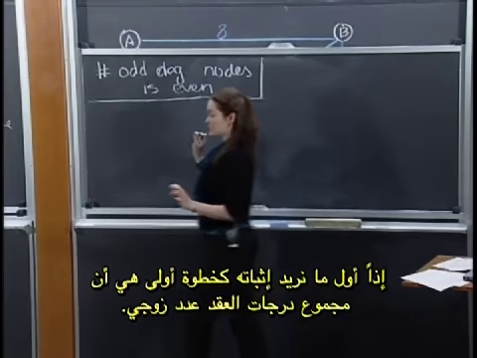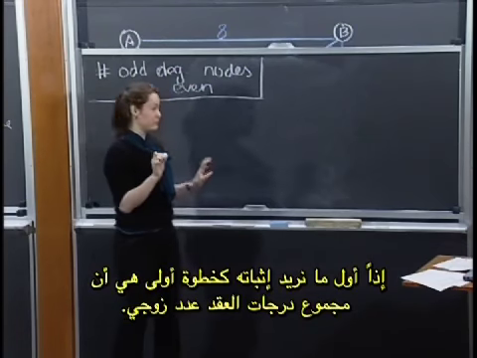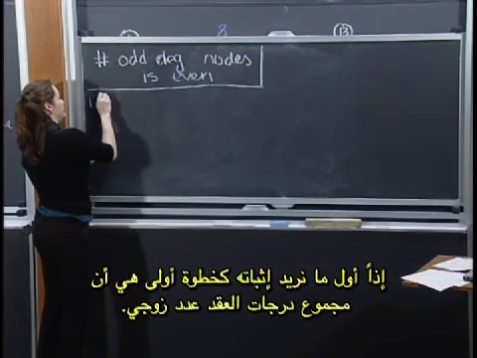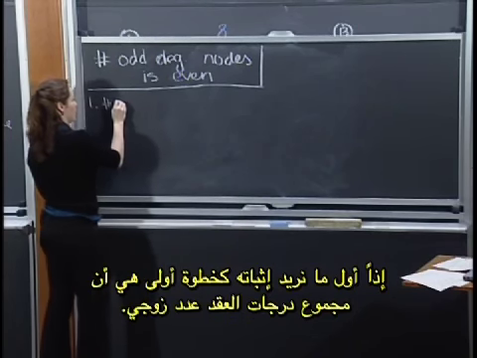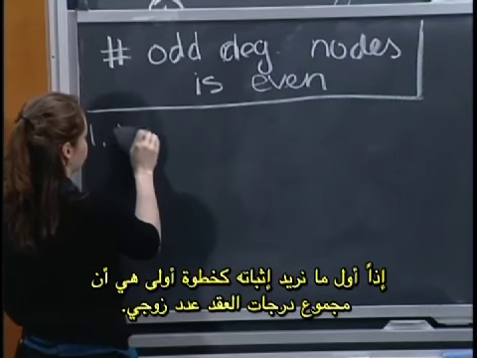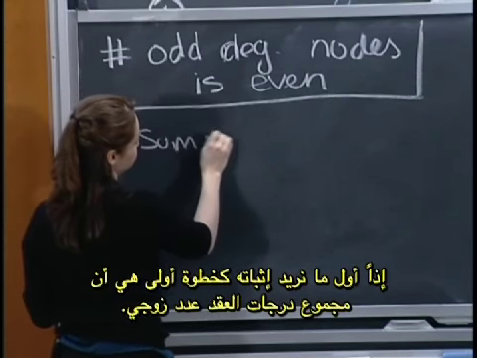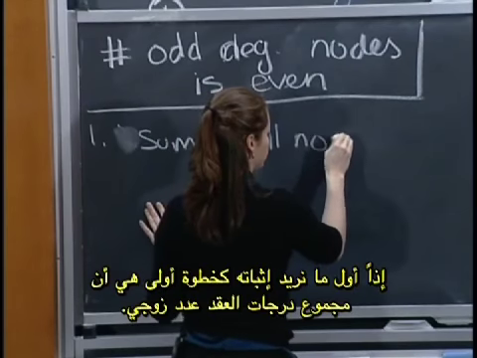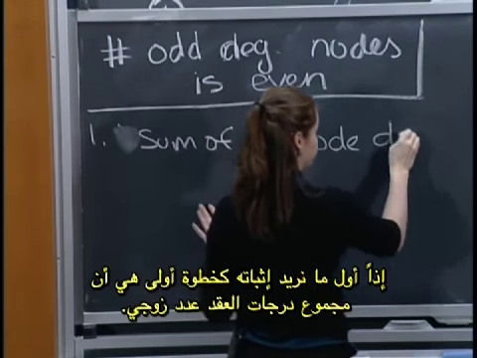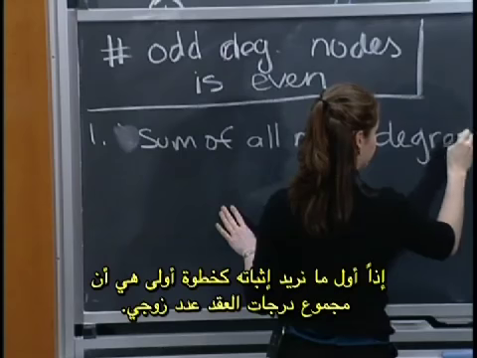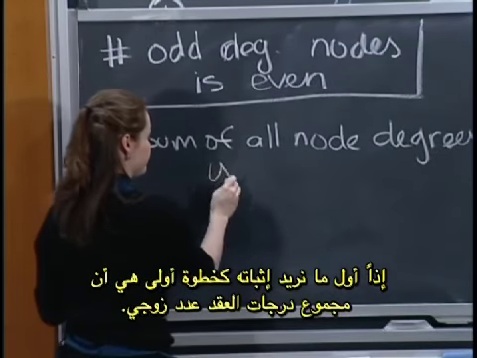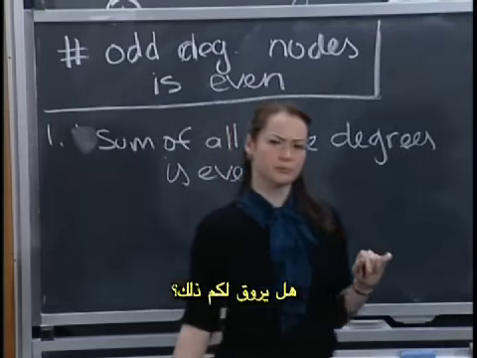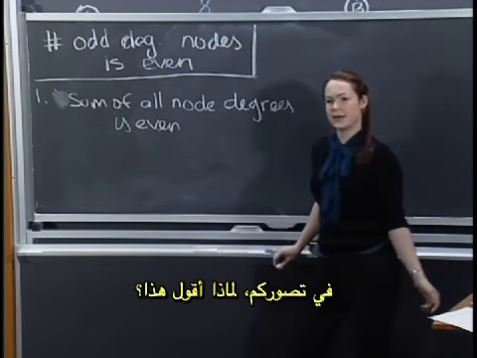So the first conclusion that I'm going to try and prove, the first step, is the sum of all node degrees is even. Does that make sense to you? Why do you think I say that?